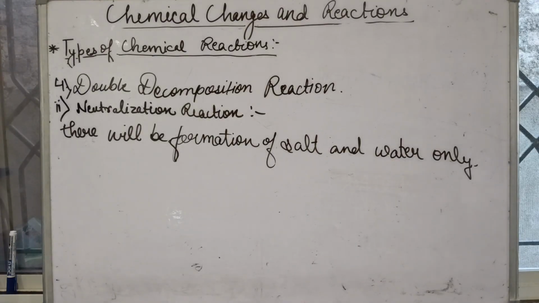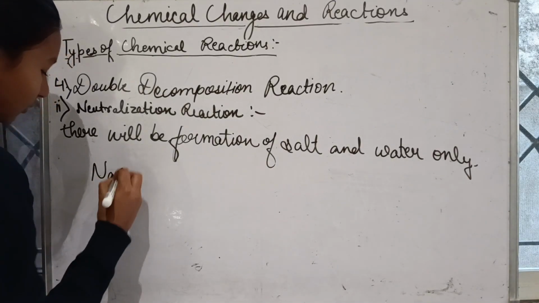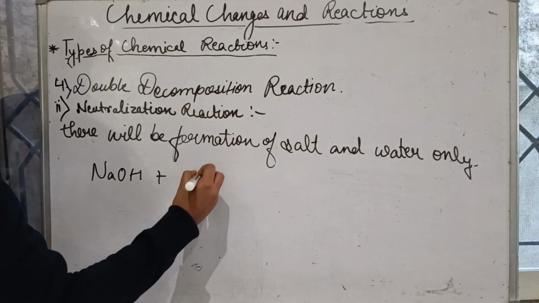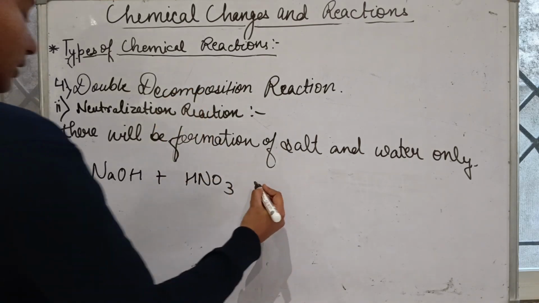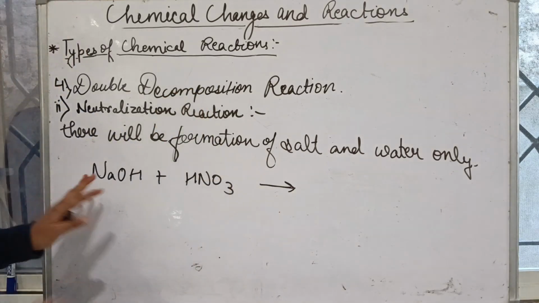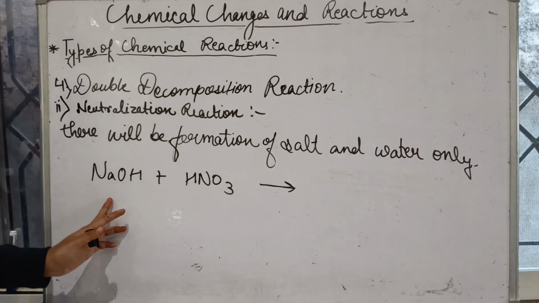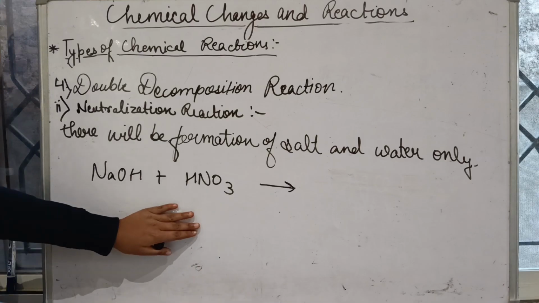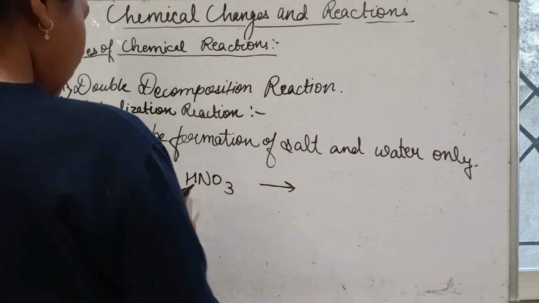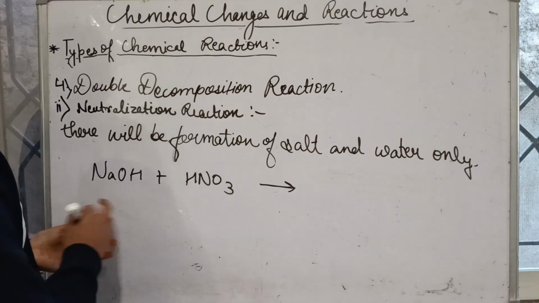Okay, so for example, we can take, which example should I? Okay, I'll take the easy example. NaOH plus HNO3. This will see the reactant will be one hydroxide with one acid. Generally this oxide hydroxide with the acid. Generally it is this. Okay, so this now, as here none is the metal.